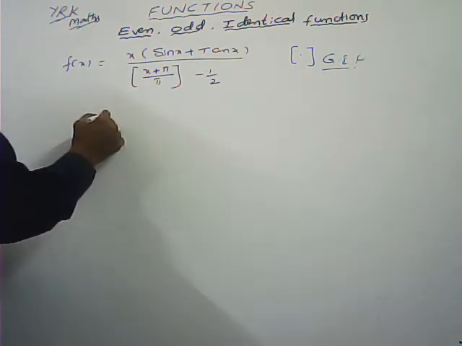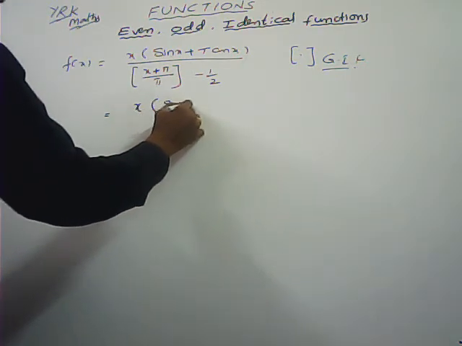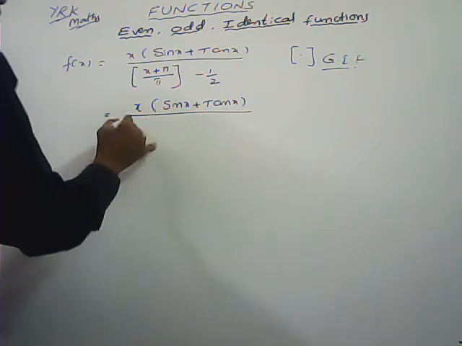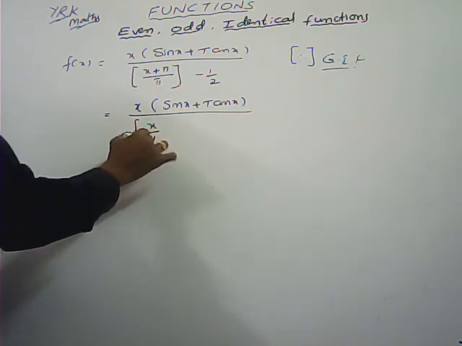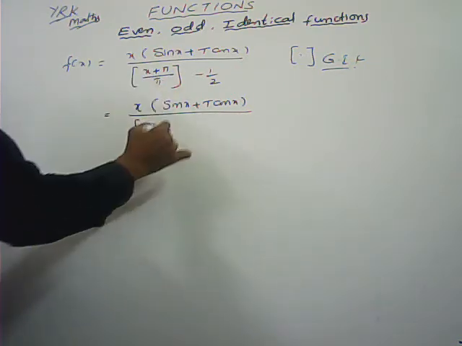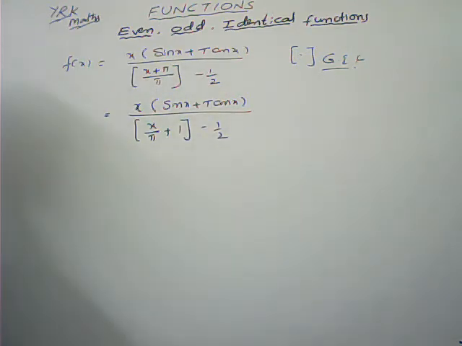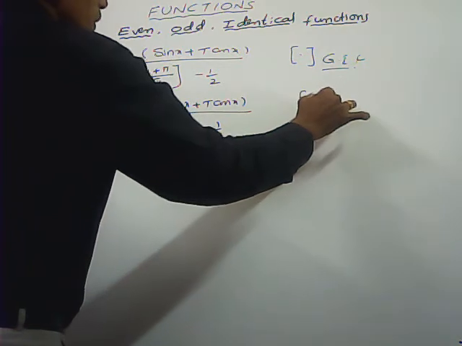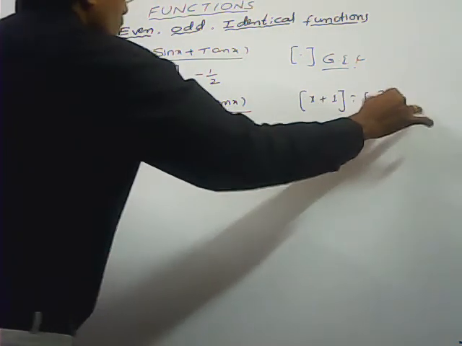First I am simplifying this one: x into sin x plus tan x whole by, here I can write separately x by pi plus pi by pi, that is 1, minus 1 by 2. Step of x plus integer, if any integer is given, we can write step x plus integer only.